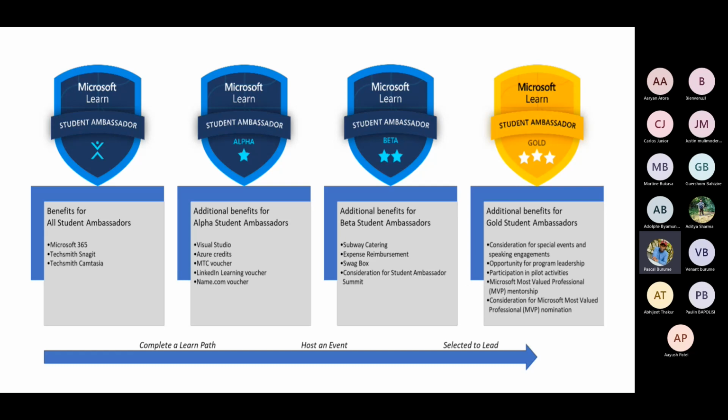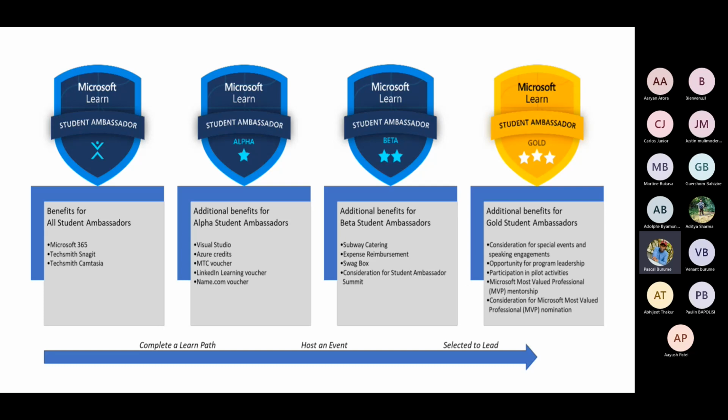And after that milestone, you will get other benefits. If you continue to learn and practice, by doing events and collaborations, Microsoft will nominate you to the next milestone, which is Beta. In Beta, you will get your swag box and expense reimbursement.